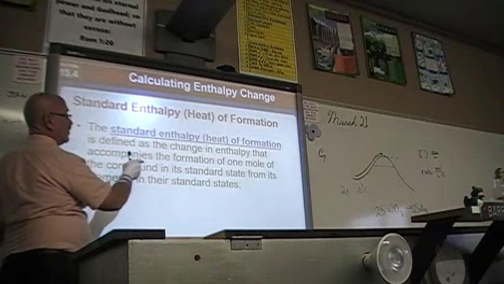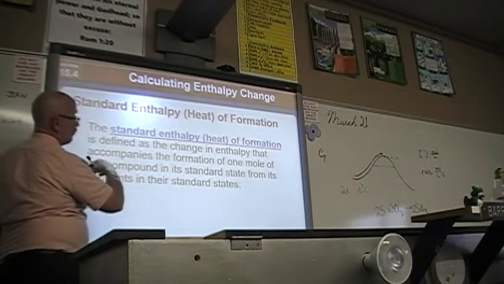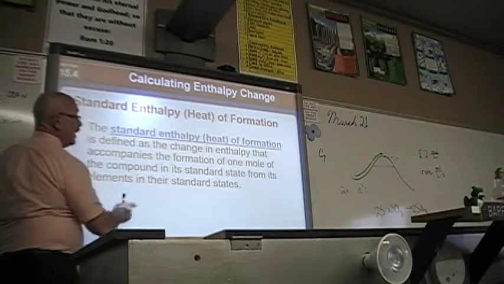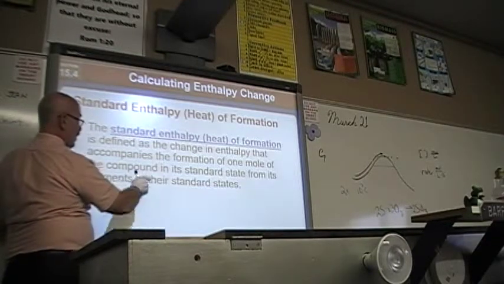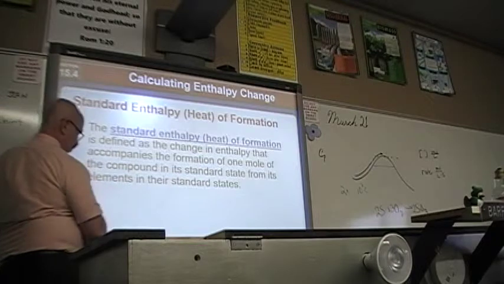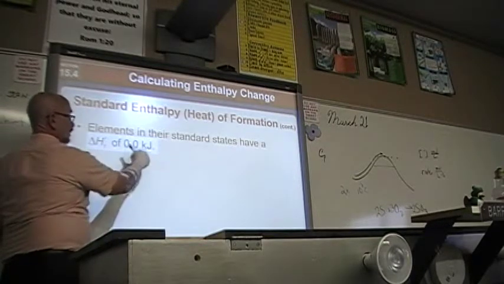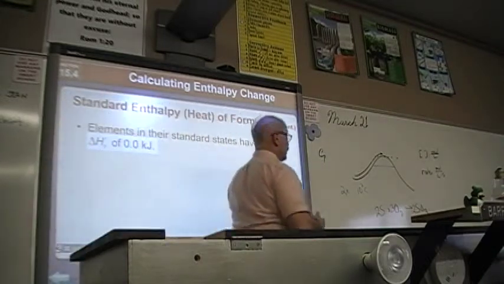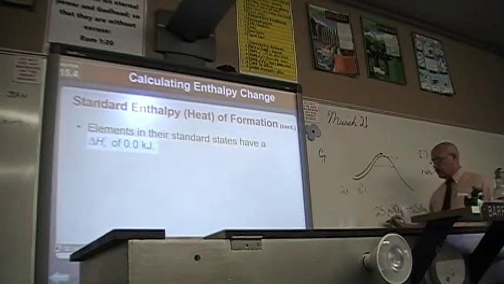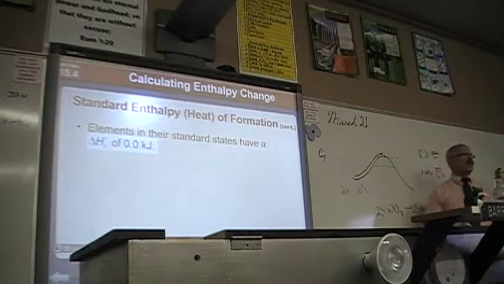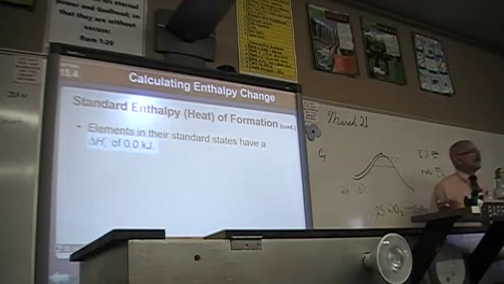Standard enthalpy of formation is defined as the change in enthalpy that accompanies formation of 1 mole of a compound in its standard form from its elements in their standard states. So elements in their standard states have a delta H of 0. In other words, plain sulfur, in its natural form found in nature, has a delta H of 0, because it's the simplest thing you can get.